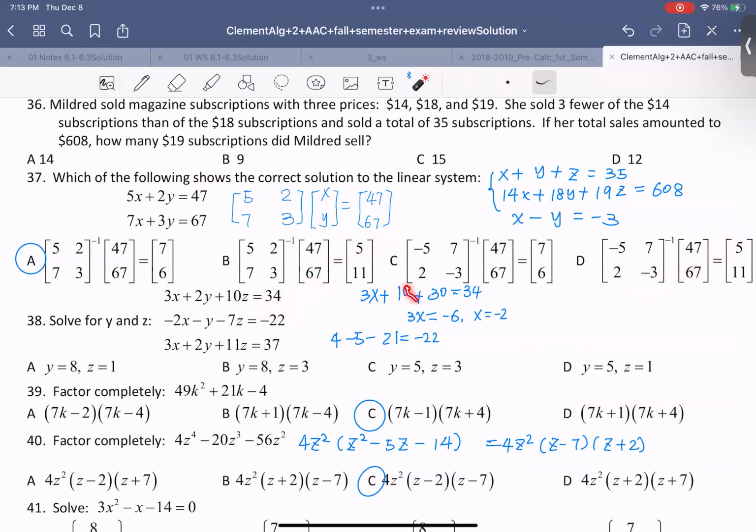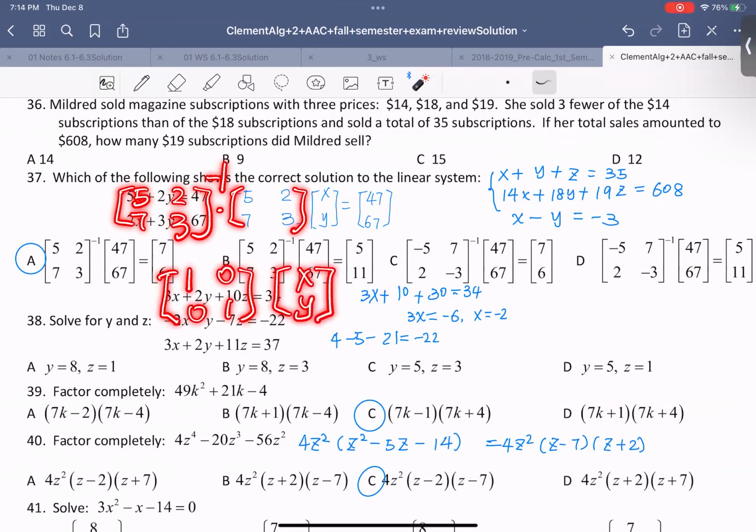And then you may feel curious: is this guy correct or is this guy correct? The way you want to find your x, y is you put 5, 7, 2, 3, and then you do an inverse. The inverse times this matrix itself is going to give you this 1, 0, 0, 1 matrix. We learned this in summer.